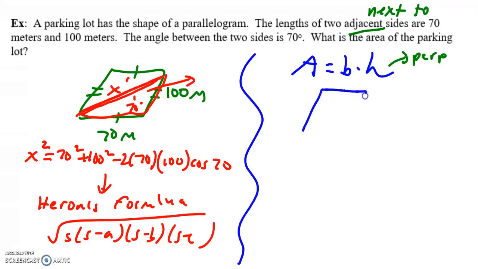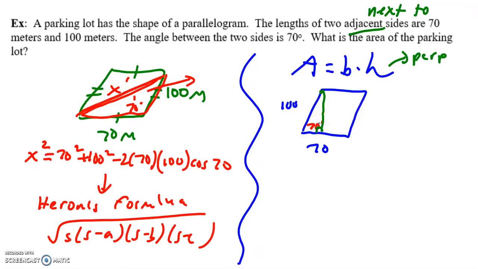So let me draw a similar picture here. Let me draw a parallelogram that has two adjacent sides, 70 and 100, where the angle in the middle is also 70 degrees. Now, if I want to draw a perpendicular height, I could draw it on the outside, but I could also draw a perpendicular height from the top corner down here.